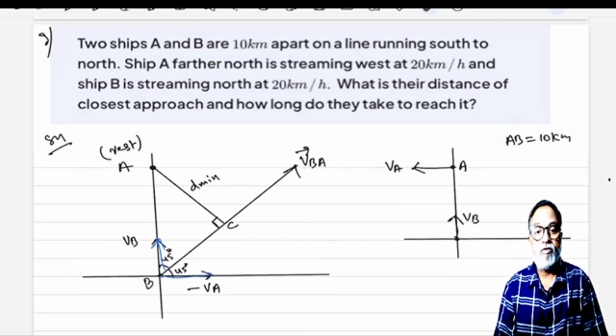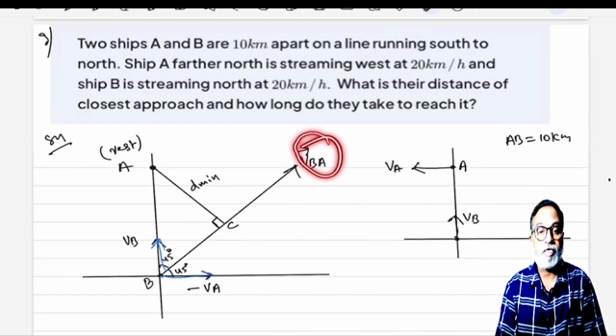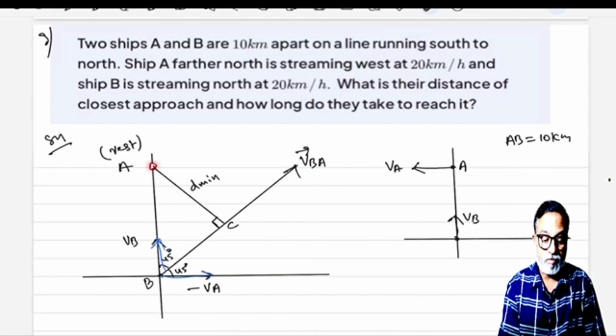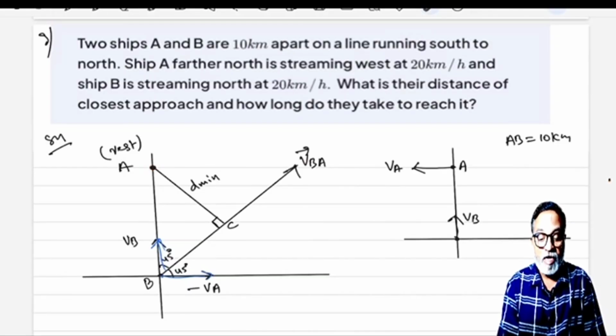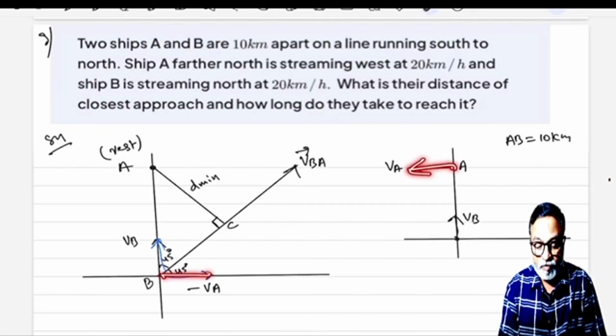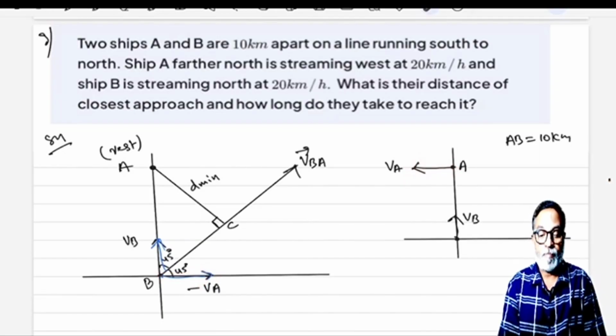Here I am going to find the velocity of B with respect to A. With respect to A means A is at rest, means the velocity of A should be added to B but in the opposite direction. See, velocity of A is towards west, that should be added to B towards east.